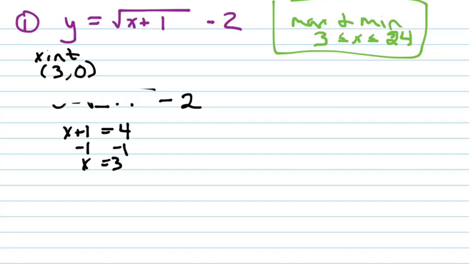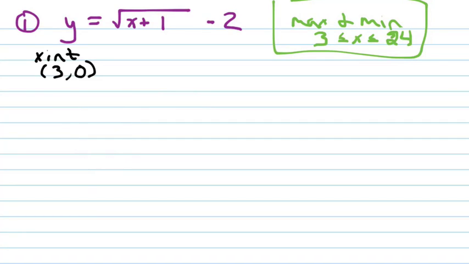Now we're going to find our y-intercept. Actually, the y-intercept is a lot easier, excuse me. It's not very similar, it's just a different one. And so for the y-intercept, we have 0, some number. So that means our x value is 0.